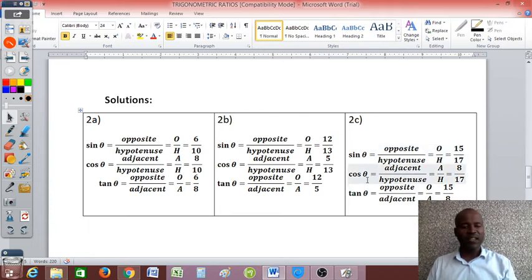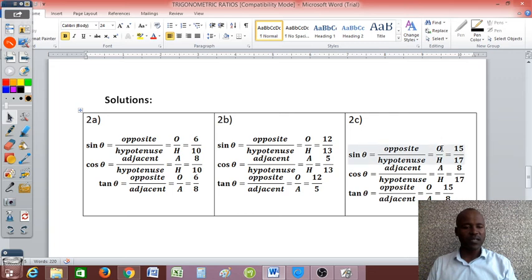For cosine, cos theta, adjacent means the third side, the remaining side, whose length is 8 units, divided by the hypotenuse, which is 17 units. As we did in example 2a and 2b, tangent can be defined by combining sine and cosine. The definition for tangent is opposite over adjacent.